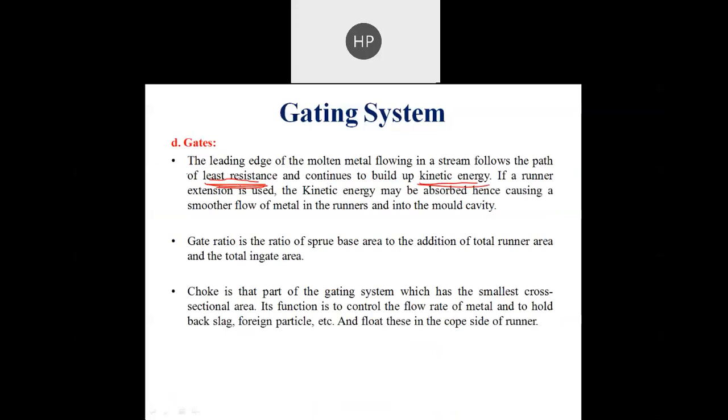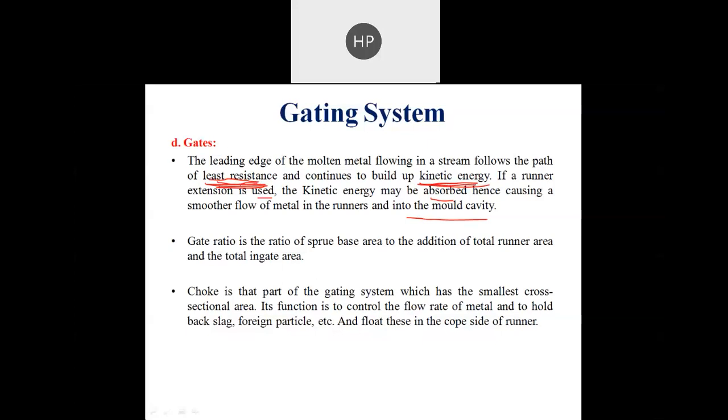And if the runner extension is used, the kinetic energy may be absorbed, hence causing a smoother flow of metal in the runner and into the mold cavity. Okay, so as I told earlier, we have to provide the least resistance, and as we provide the least resistance, it will have a high kinetic energy.